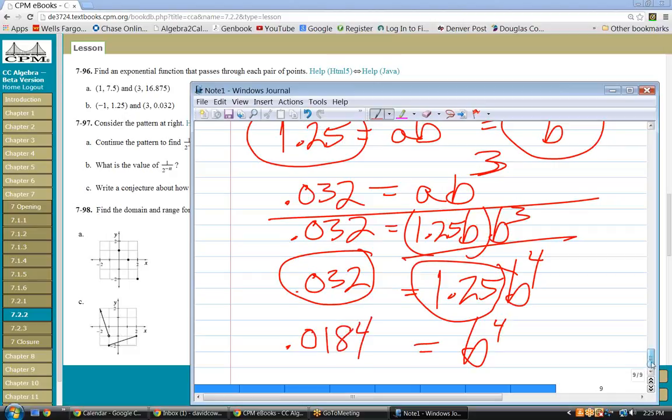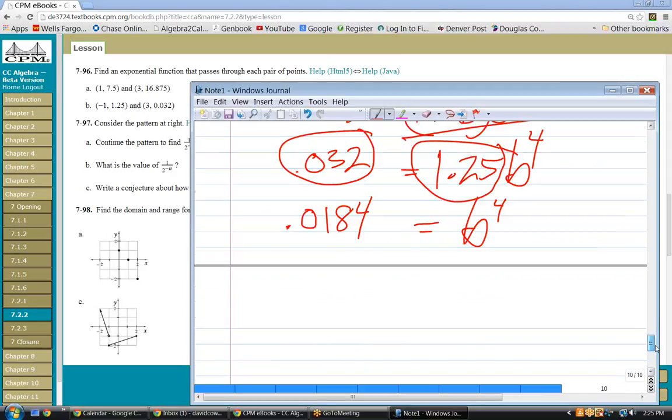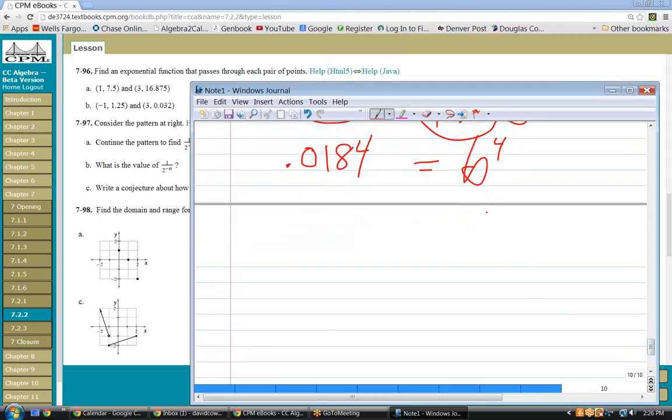Now what is b equal to? What you have to do is take this number to the 0.25 power, or the 1/4 power, on your calculator. It's going to get bigger, not smaller.